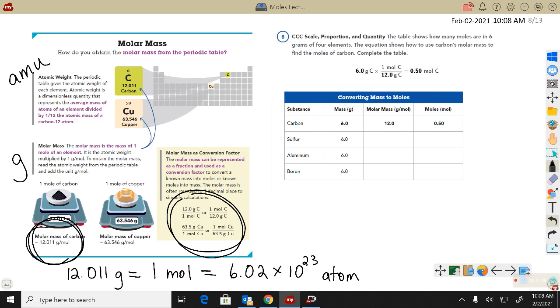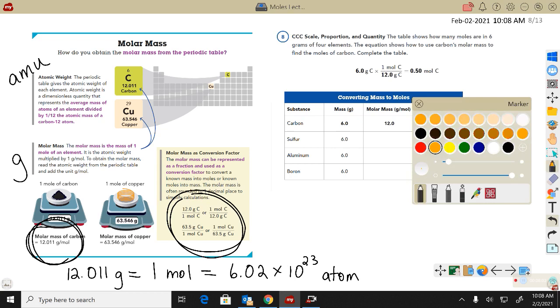So they've got carbon. What if we had a 6-gram sample? I have 6 grams of carbon, and eventually I want to know how many moles that would be. Okay, well, we set up this dimensional analysis. It's this method of converting units.